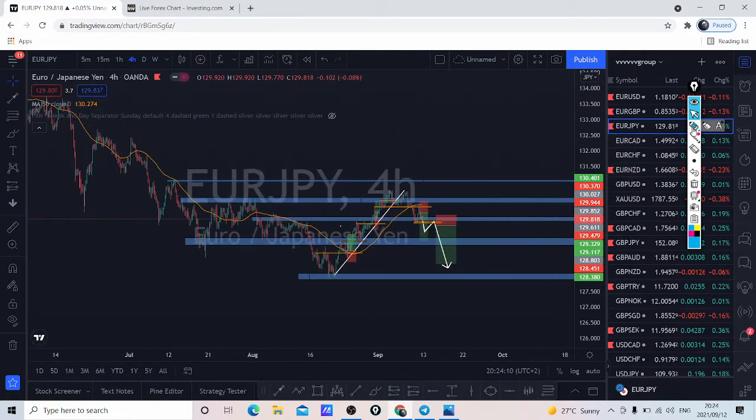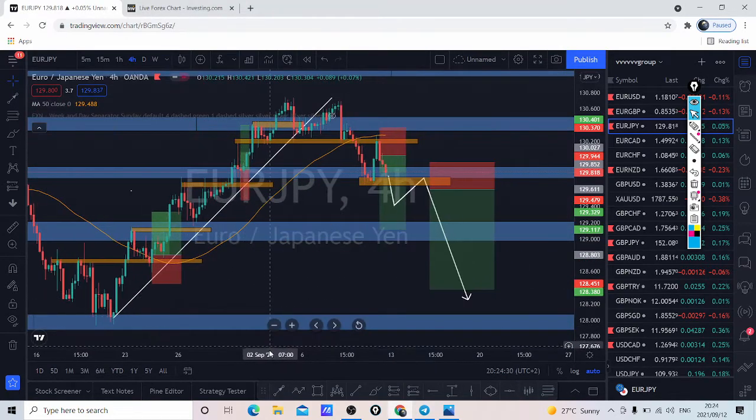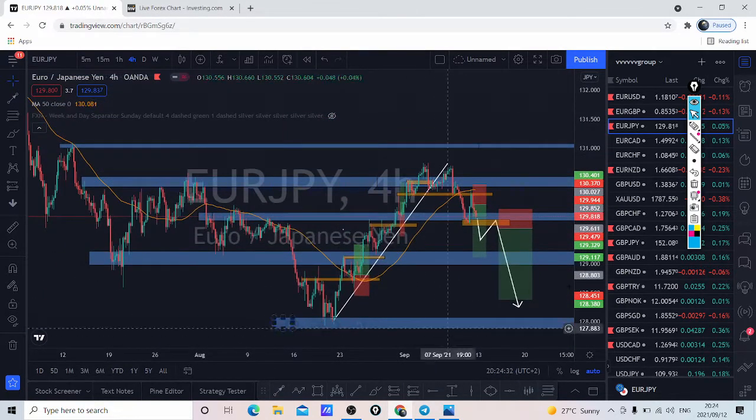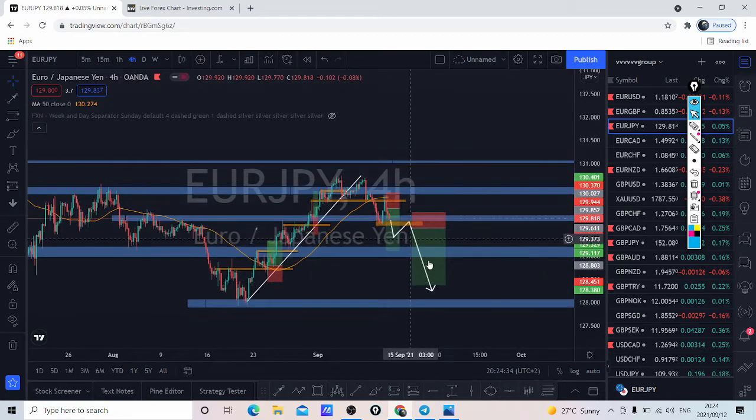Maybe we want to hold until the previous support, because the market is most likely to go down and hit that support zone, as the overall trend is selling. And also our correlation numbers are supporting us with this sell here.